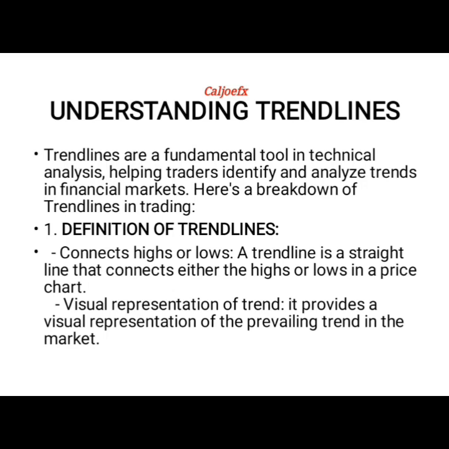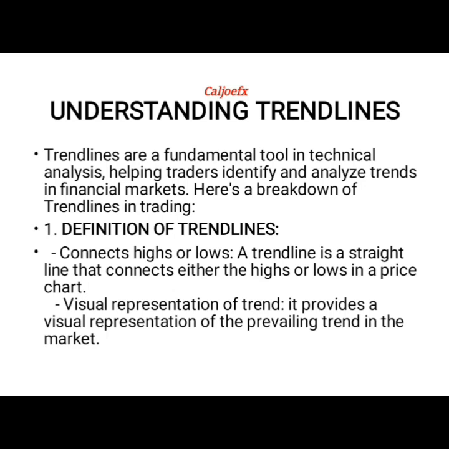When it comes to trend line, you have to connect the highs or lows. The trend line is a straight line that connects either the high or low in a price chart.